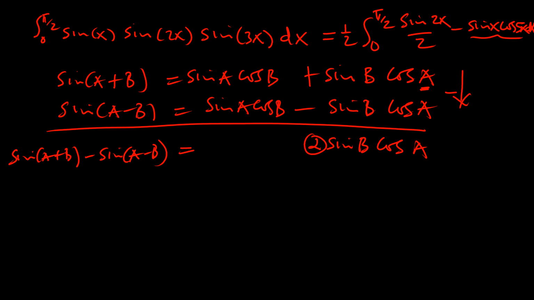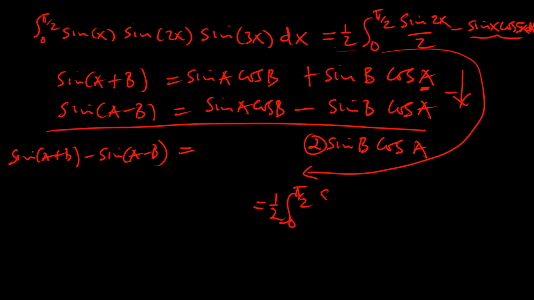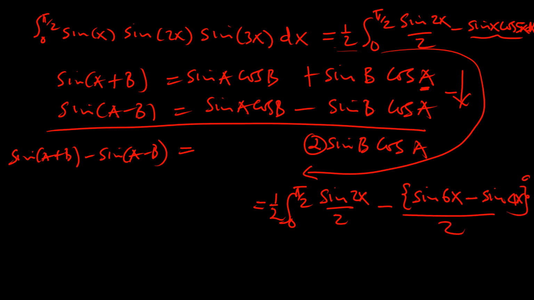So this integral here now becomes a half of sine 2x over 2 minus sine 6x minus sine 4x divided by 2, right?